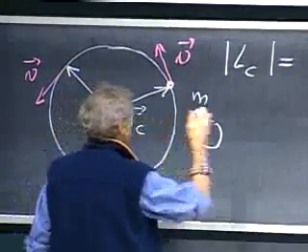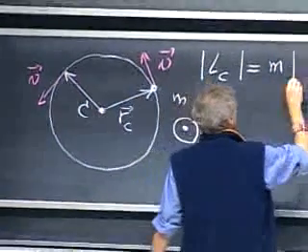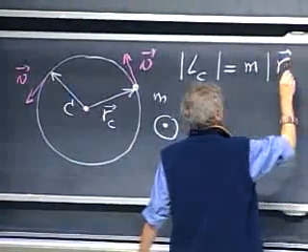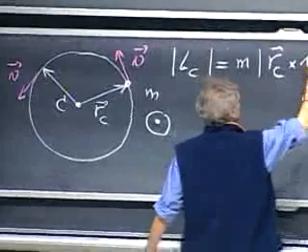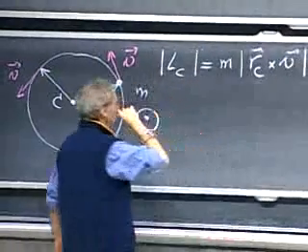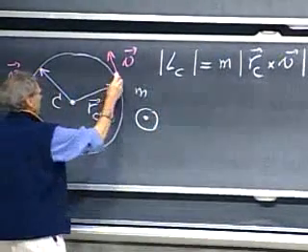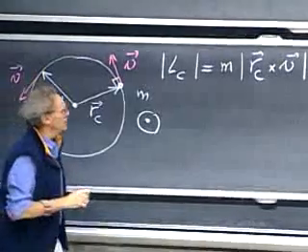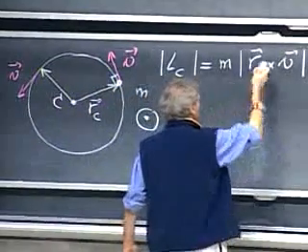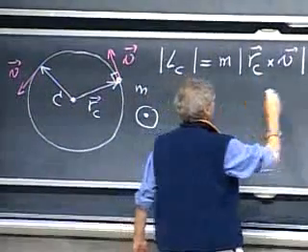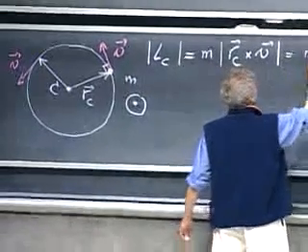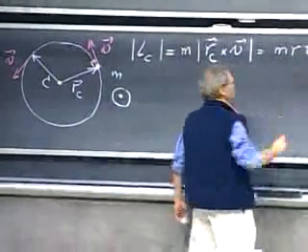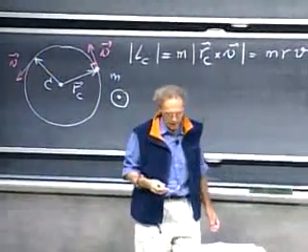So the magnitude is the mass of the Earth times the magnitude of the cross product between these two vectors. And notice the angle is 90 degrees. So I can forget about the cross. The sine of theta is 1, and so I simply get m r v, v now being the speed.